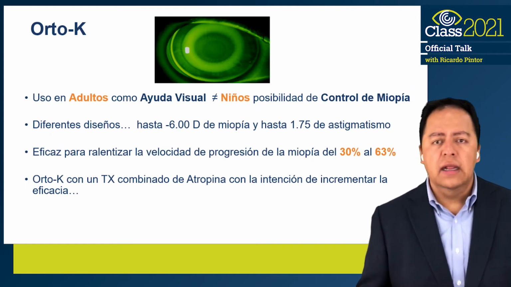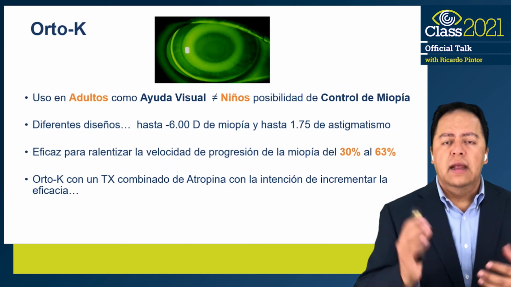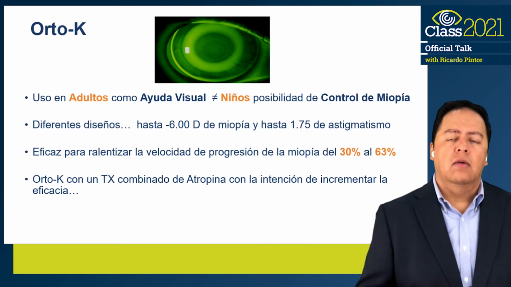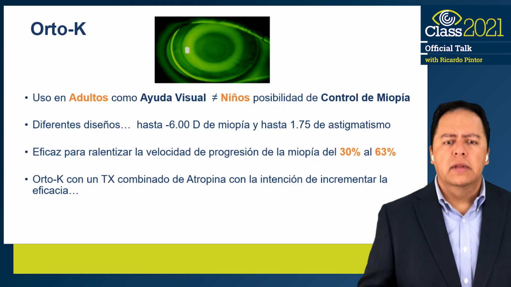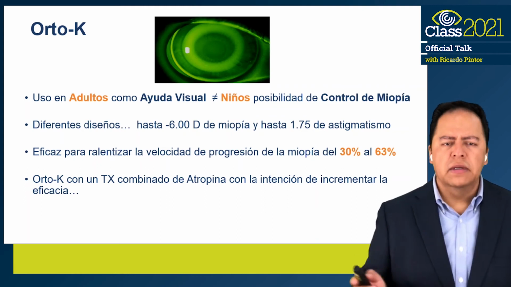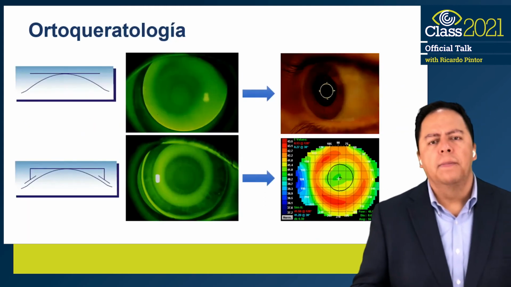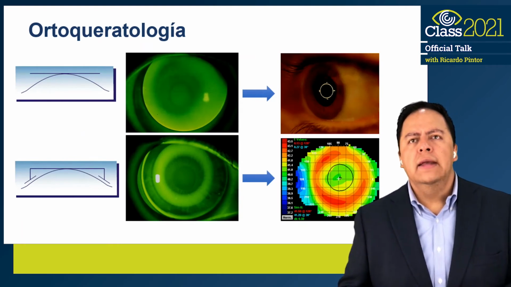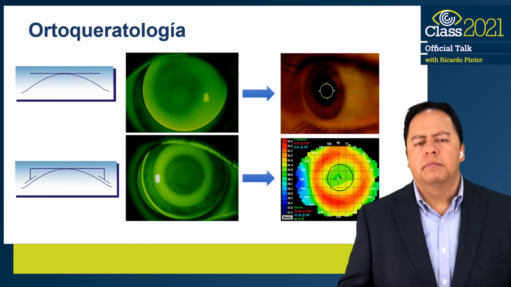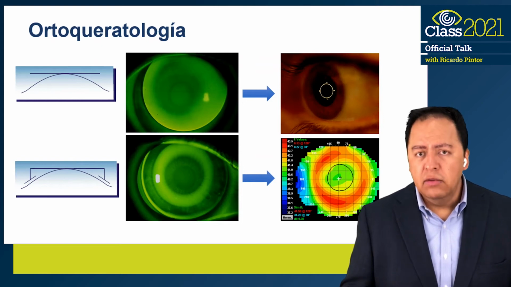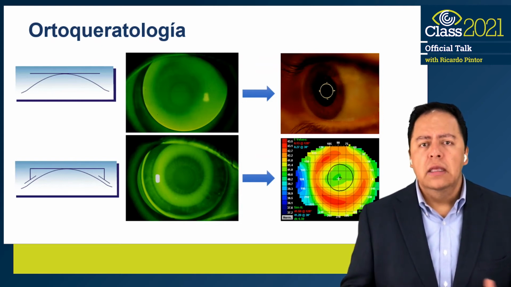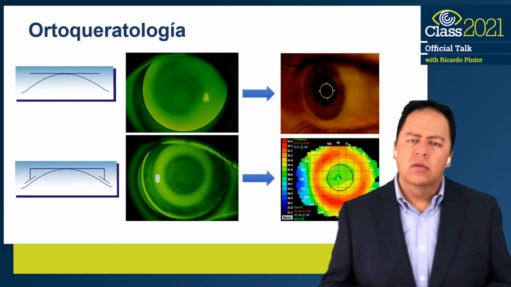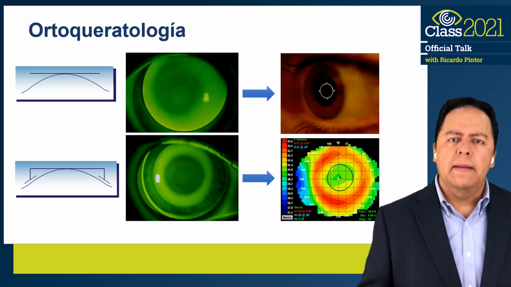Recently, there is also talk of considering the combination of therapy, orthokeratology together, and perhaps incorporating some atropine for myopia control. The two things we need to know: the first orthokeratology designs simply had flatter lenses placed in the adaptation, which could gradually generate some type of effect, but it was not so controlled and not so predictable.